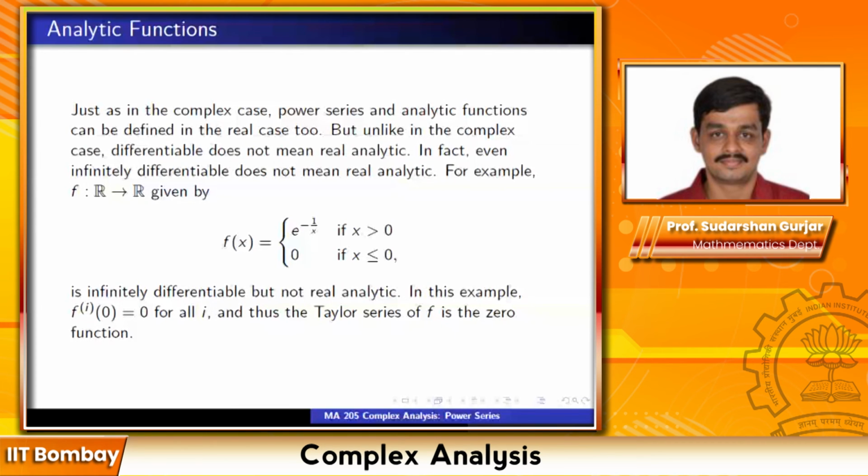So this is the example where all derivatives at 0 are 0, and therefore the function is not defined by its Taylor series. The function is not identically 0, but if you try to expand this around 0 in a convergent power series, that power series is forced to be 0.